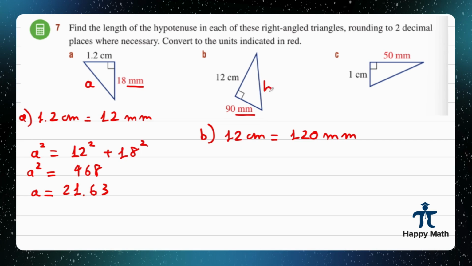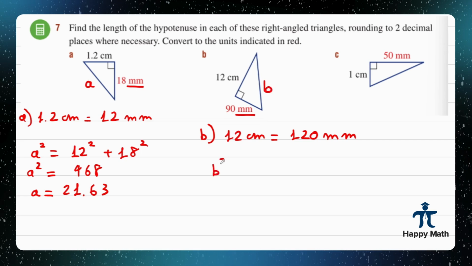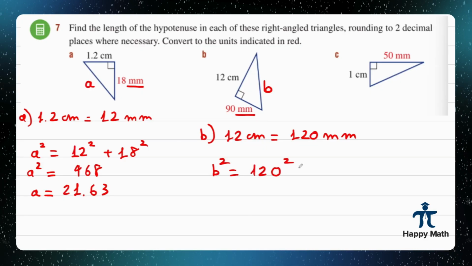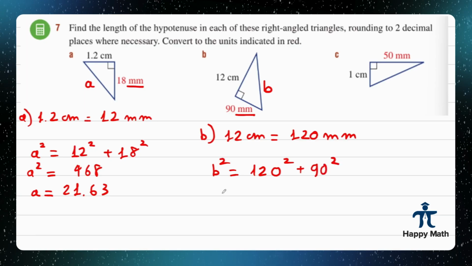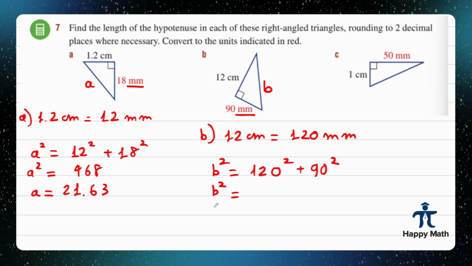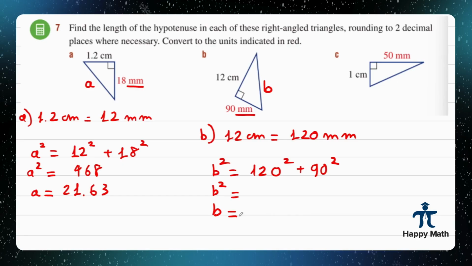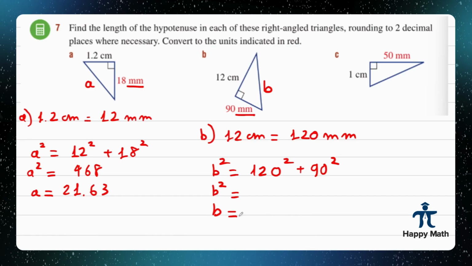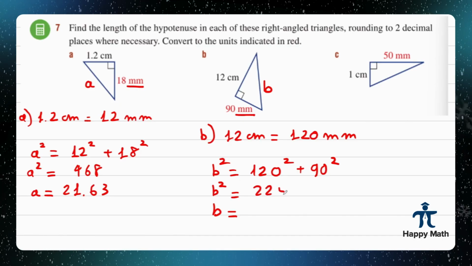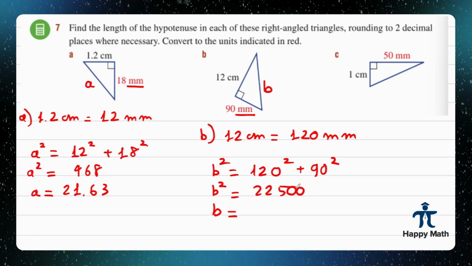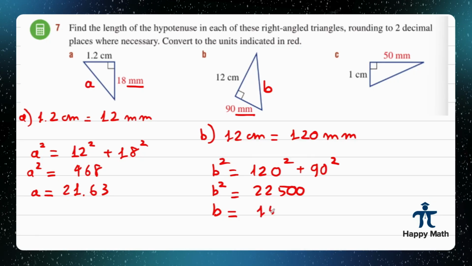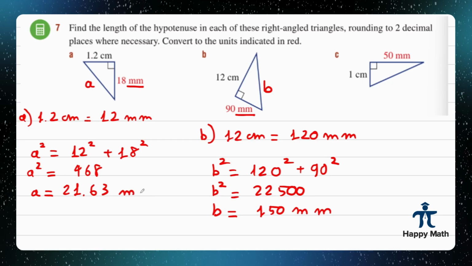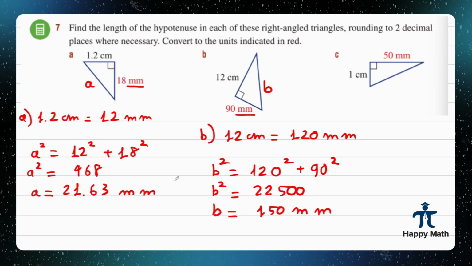And for B, B squared will be the hypotenuse: 120 squared plus 19 squared, and B squared is equal to 22500, and the square root of this number will be 115 millimeter as the answer. Okay, that is question B.